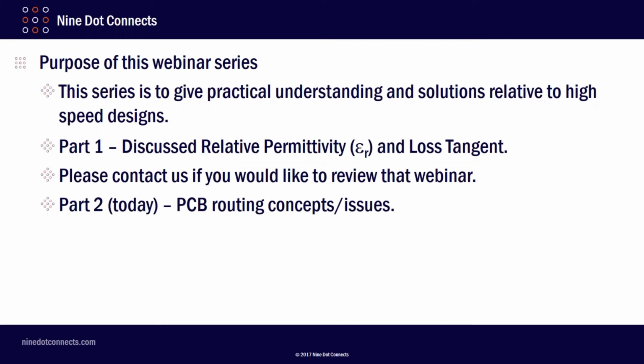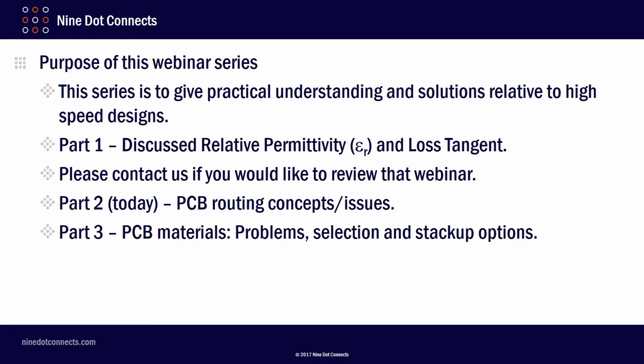Part 2, which is today, we're going to talk about PCB routing concepts and issues that you will see, especially if you're starting to look at other people's designs. You'll be able to spot what they're not doing correctly. Now the next webinar, which will be part 3, we're going to talk about problems, material selection, and stack-up options. That's going to be a very interesting webinar, and I would definitely want you to come back for that one.